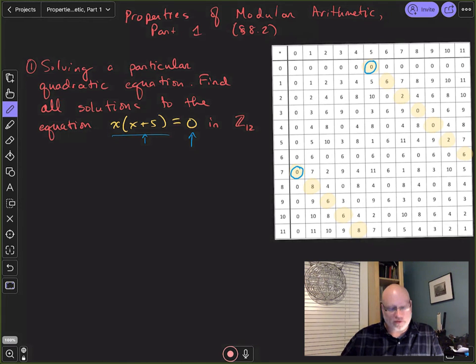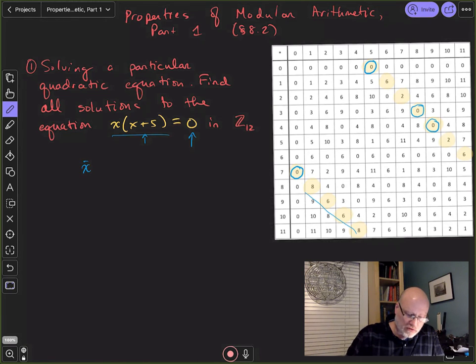The surprising ones, however, as we continue down, we'll notice that down here there's nothing else. But if I come up to the other row, I notice I get to 3 times 8. Well, 3 times 8 is 24, and that definitely is 0 mod 12, as is 4 times 9, which is 36. So we end up with 4 solutions here.